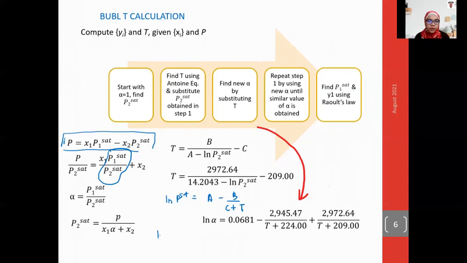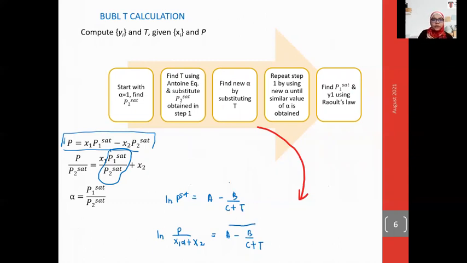Maybe we can have ln of P over x1 alpha plus x2 equal to A minus B over C plus T. So by using this, we have P here, and we can rearrange this to have ln alpha.